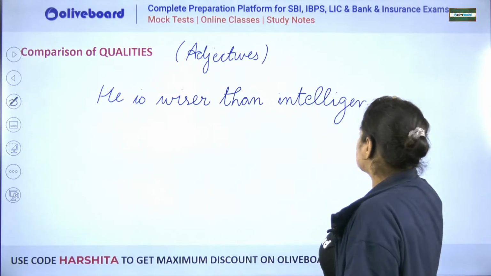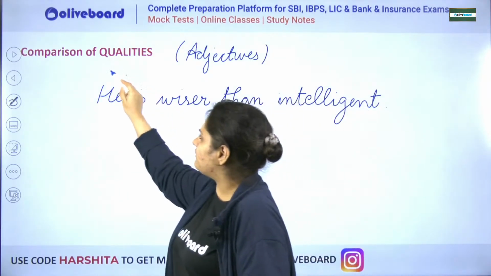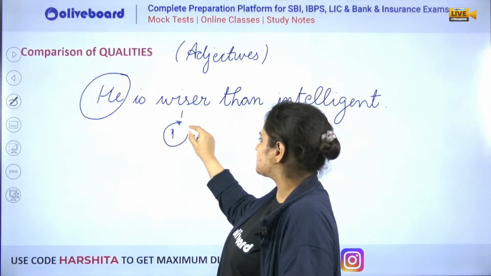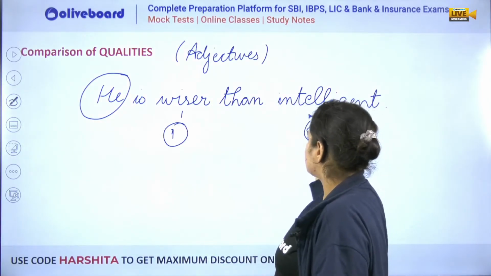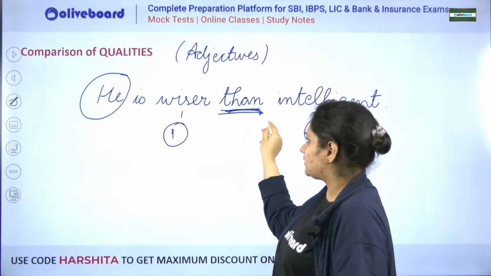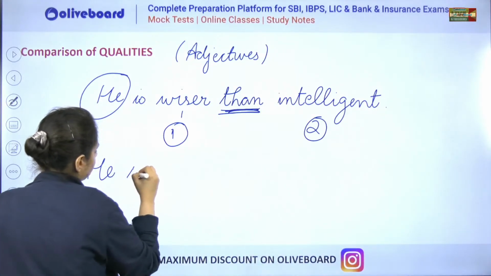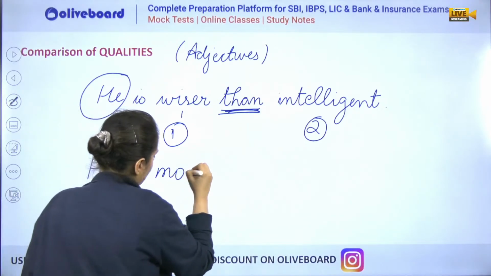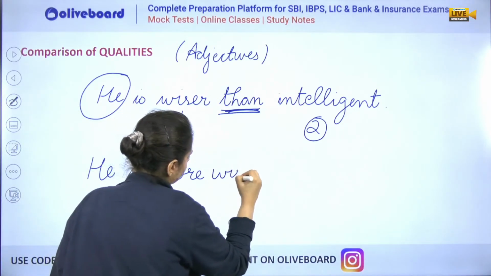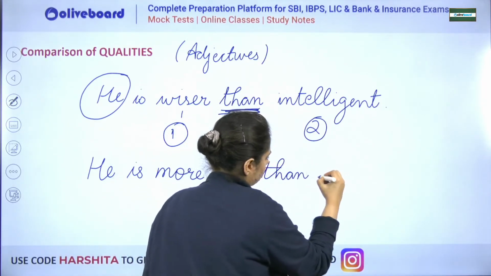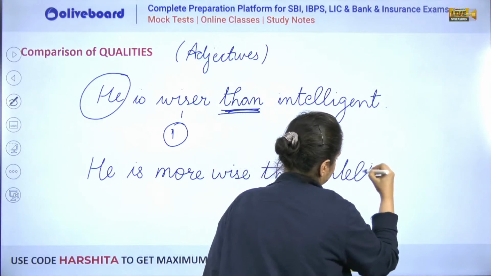Why? Who are we talking about? Only one person. But for this one person we are comparing two qualities, wiser and intelligent. Comparison sense is given by than. So how will you write when you compare two qualities of the same person? He is more wise than intelligent.